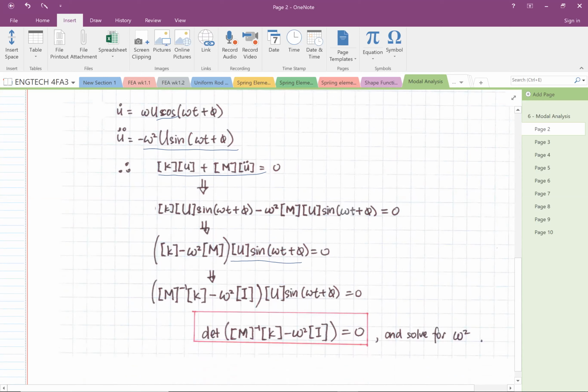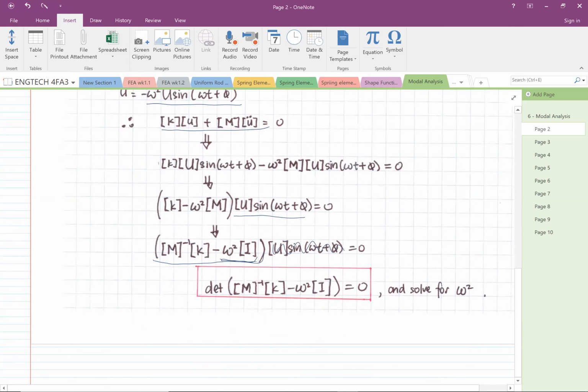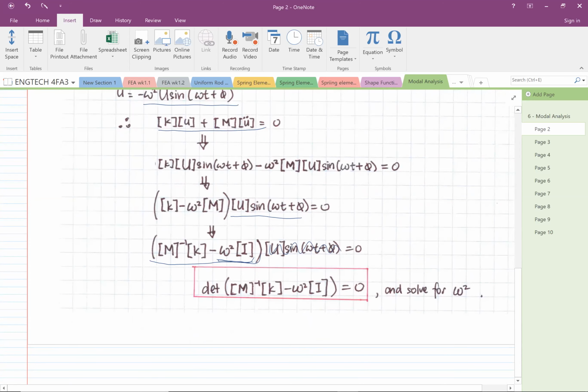We want to put omega in matrix terms as well, so we multiply it by the identity. Since everything is equal to 0, we just take that away, and the determinant of this thing is 0. If we solve for omega squared, we get the natural frequency of the system.